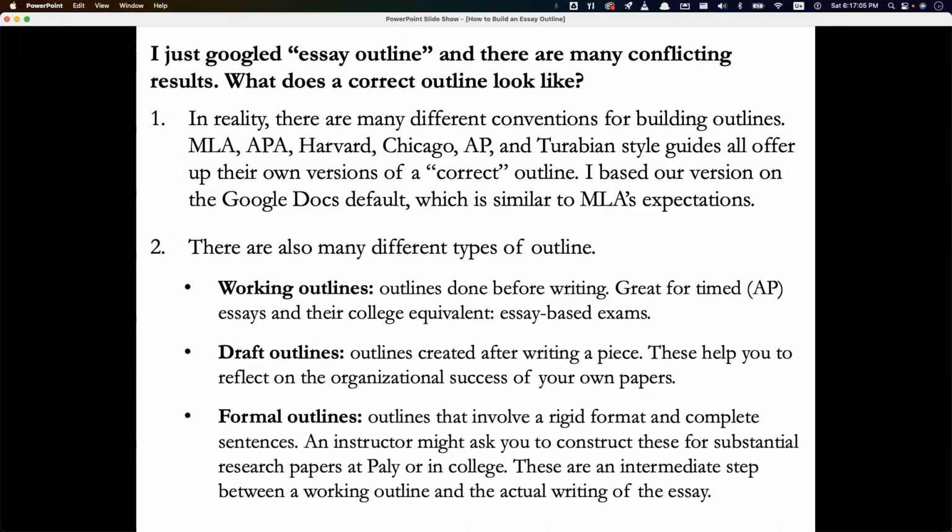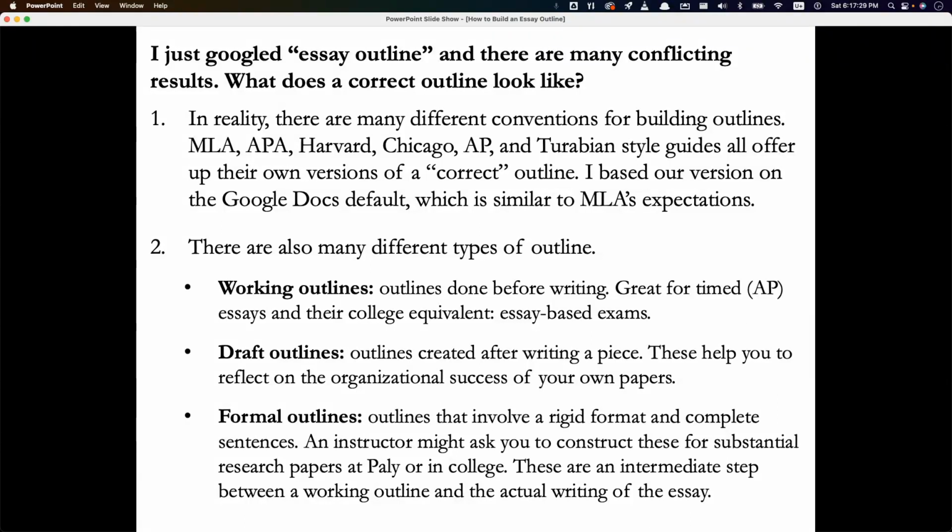There are also formal outlines. Formal outlines tend to be a little more developed. Formal outlines involve a rigid format and also complete sentences. An instructor might ask you to construct a formal outline at Pali or in college for a substantial project or a substantial research paper.